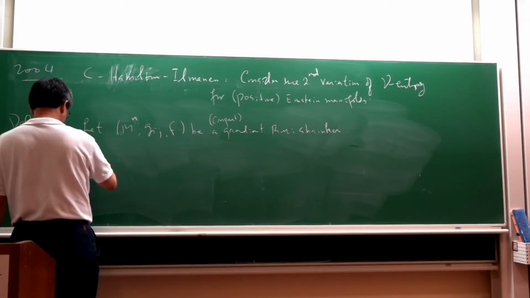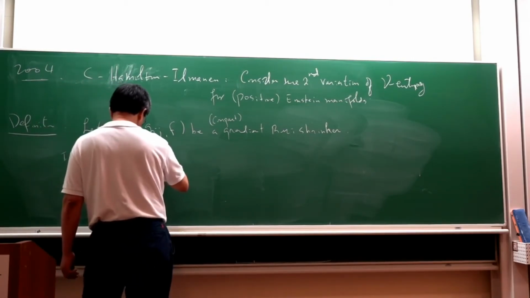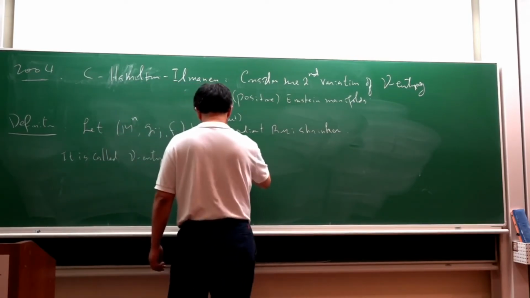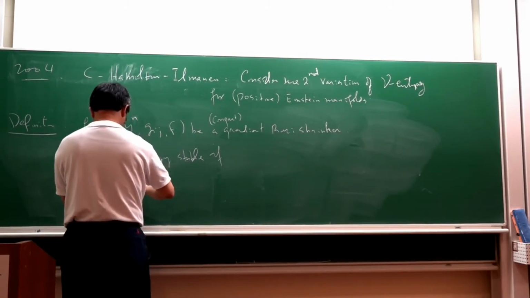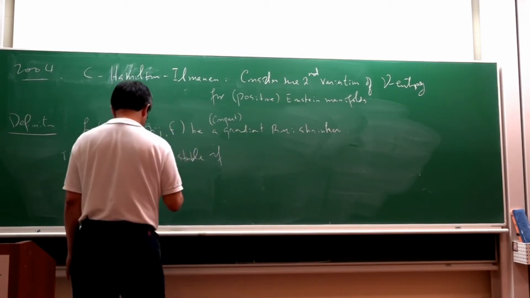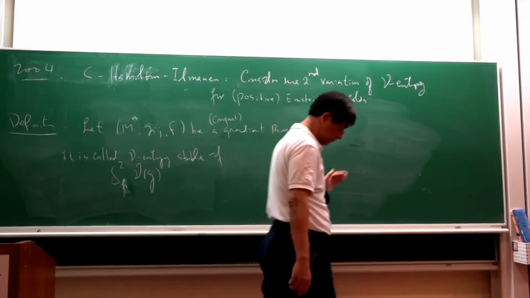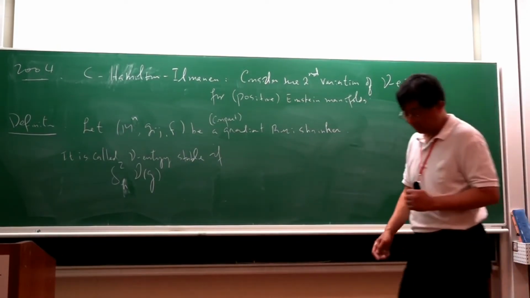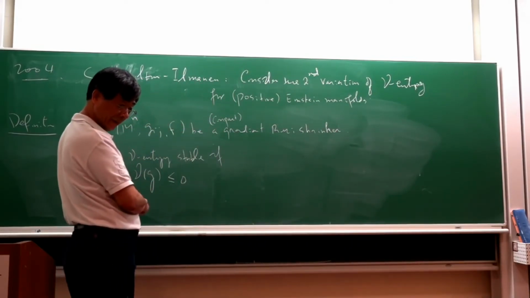It is called mu entropy stable if the second variation of mu, in the sense Ricci flow is monotone increasing, so more like you are local. If you hit a local maximum, then this one should be less than or equal to 0, right?